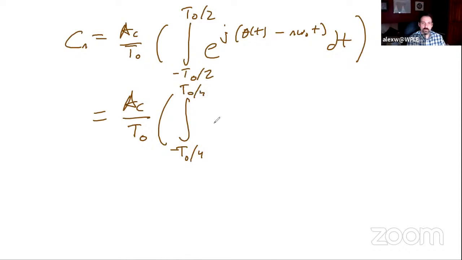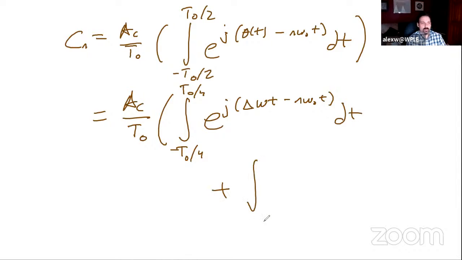I would also start replacing stuff: delta omega t minus n t naught, t. And then I would also take these limits of integration, t naught over 4.